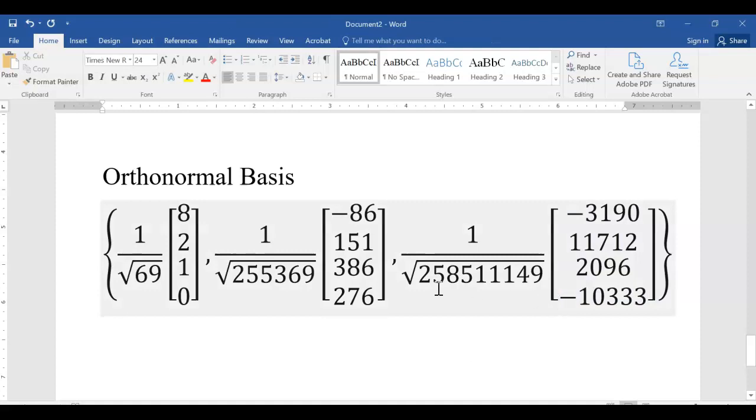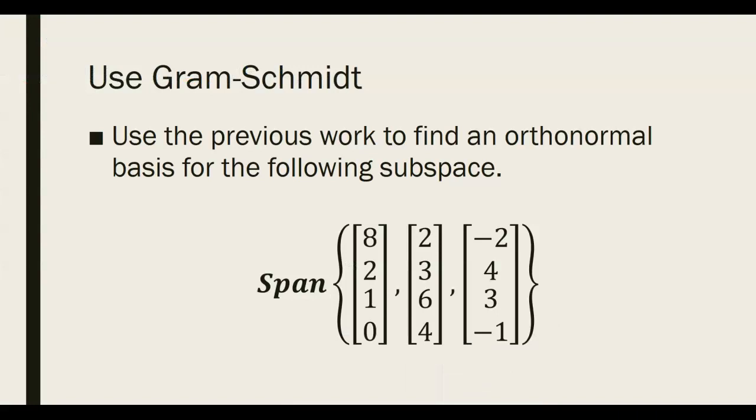They'd all be orthogonal to each other. And they would be the basis for this set here, this subspace there. So that is the Gram-Schmidt process.